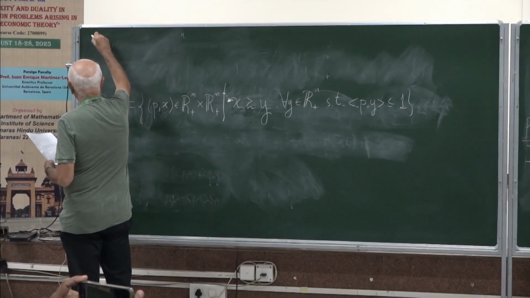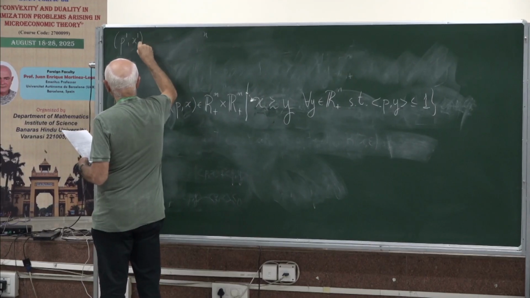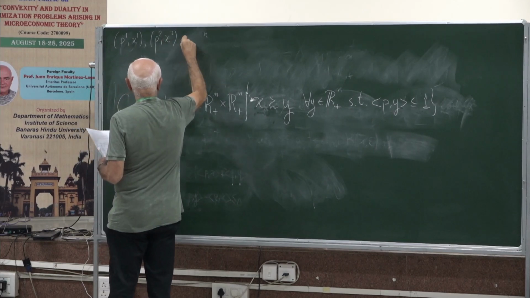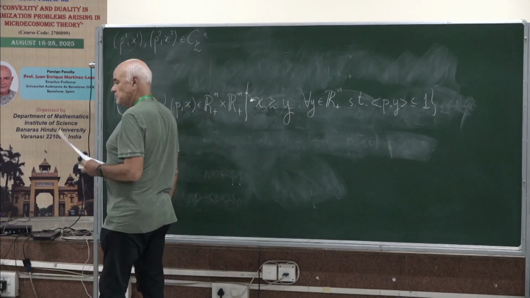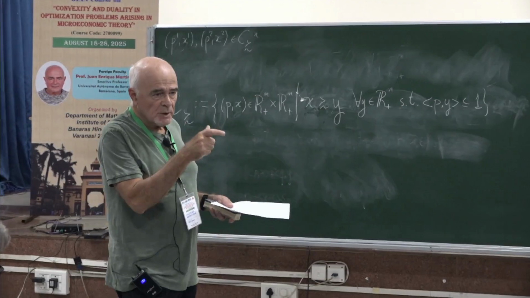So we take 2 points, (P1, x1) and (P2, x2) in the set, and we want to deal with the midpoint.